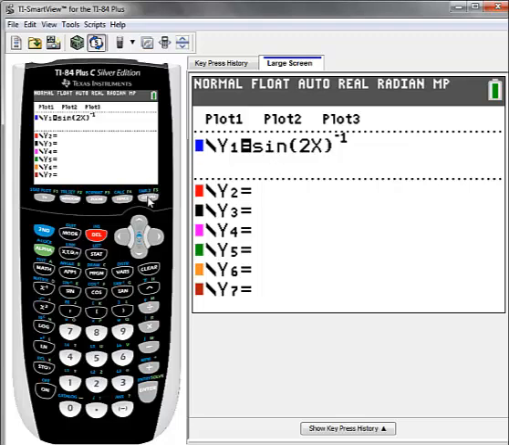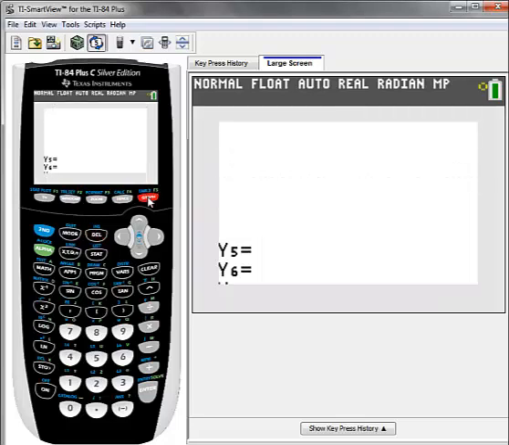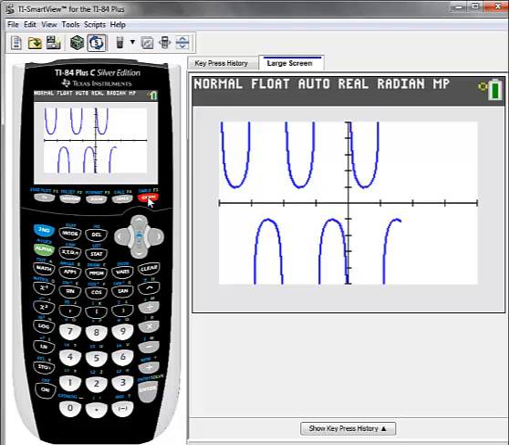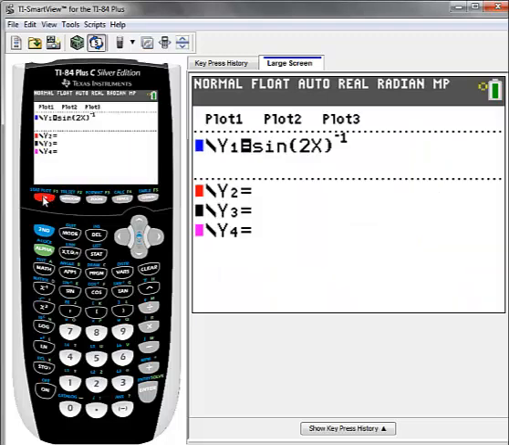In fact, you'll see more cycles of the graph on the screen, twice as many cycles.